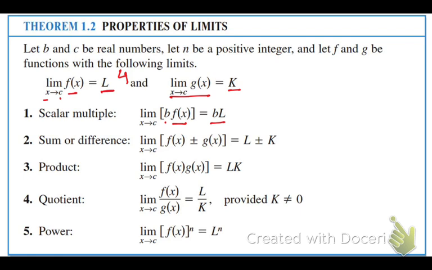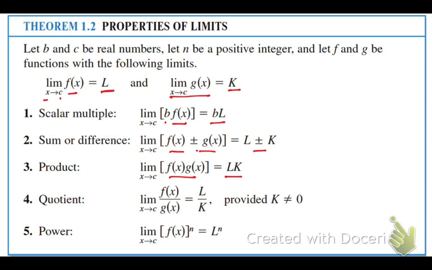Okay, the next one is the difference. If I have the limit of f of x minus g of x or plus as x approaches c, you find their limits individually and then add or subtract them. Pretty basic, kind of makes sense, doesn't it? Okay, if you multiply them, then you just multiply their limits.